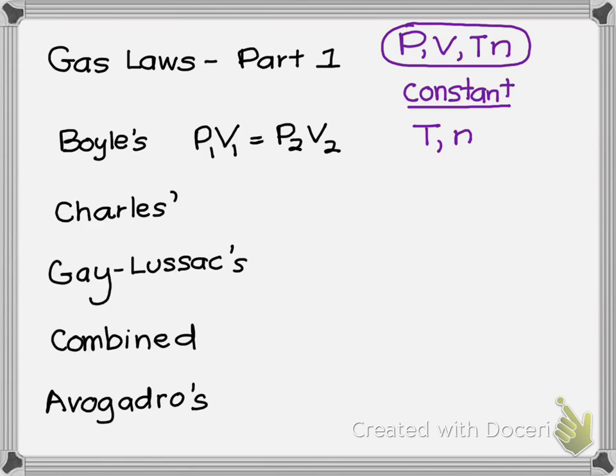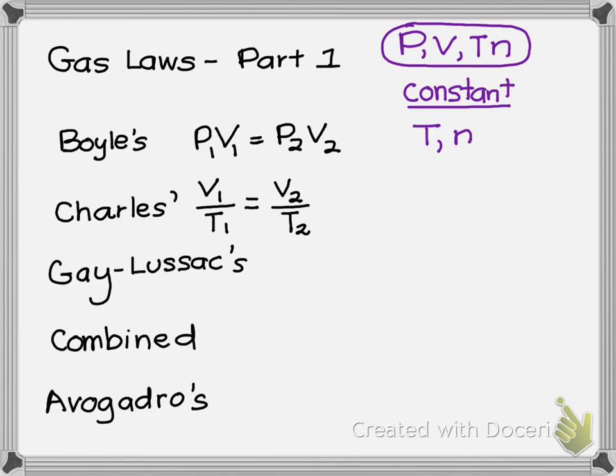Now, Charles' law involved a different relationship. It was between volume and temperature, and it found that the relationship between volume and temperature is what we call directly proportional. And so these actually end up being like ratios or divided. And so if you take the volume and divide it by the temperature, you always get a constant.